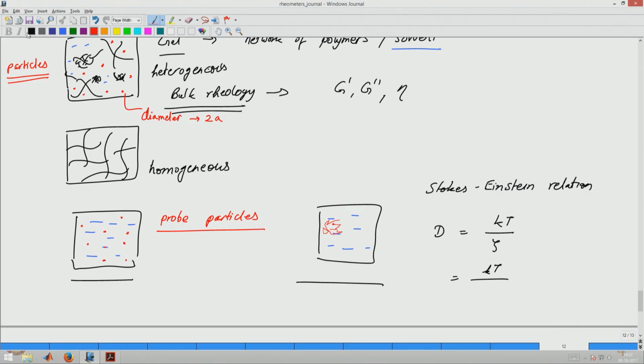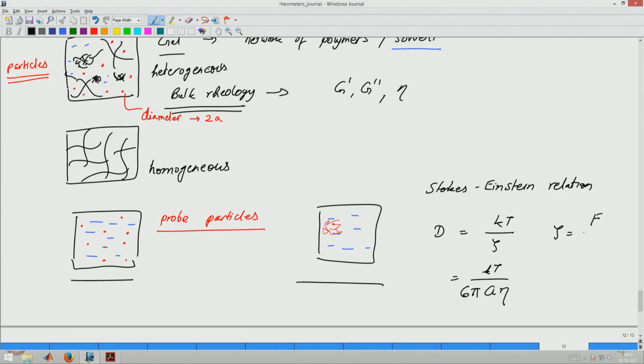We have already said that it will be inversely proportional to a, and inversely proportional to the viscosity. So, what else do you know, a formalism in fluid mechanics which will give you a friction coefficient between a particle and its surrounding fluid? 6 pi eta a, right.